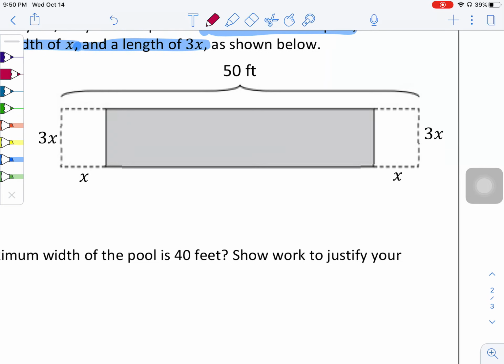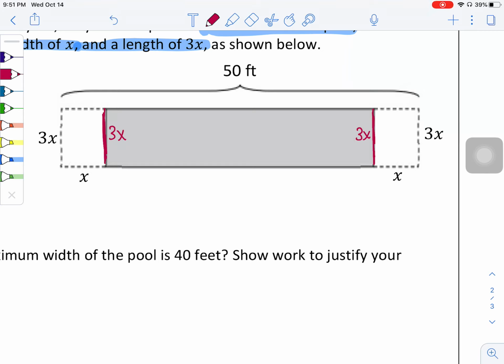We've got all of these vertical lines here. Because it's all a big rectangle across, all of these are going to be 3x. It doesn't matter if you're looking at the left side, the right side, the pool, the gardens, all of those rectangular pieces, those vertical edges are going to be 3x.